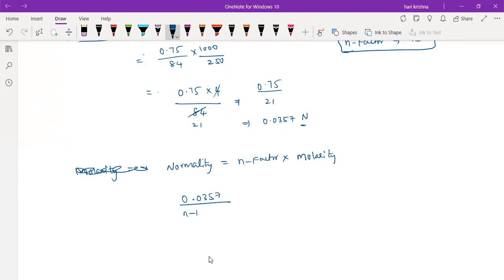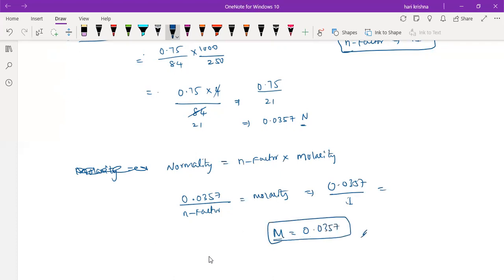The n factor is 1. So molarity is equal to 0.0357 by 1, which is approximately the same. This is how we'll solve the problems.